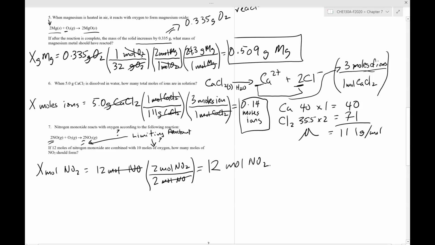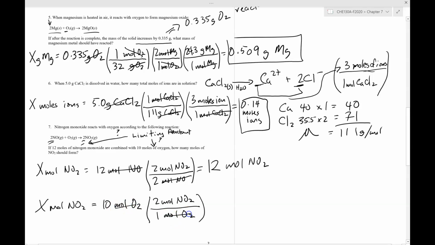Is it the right one? Let's see. How many moles of NO2 can we get if it's dependent on the number of moles of oxygen, right? So what we see here is that 2 moles of NO2 form every time 1 mole of oxygen reacts.